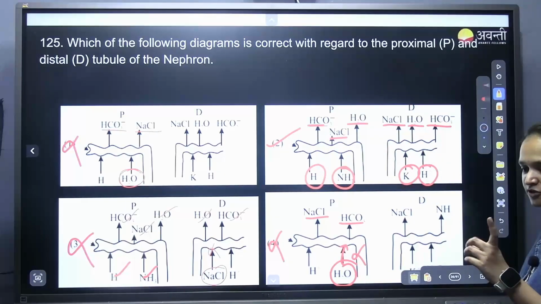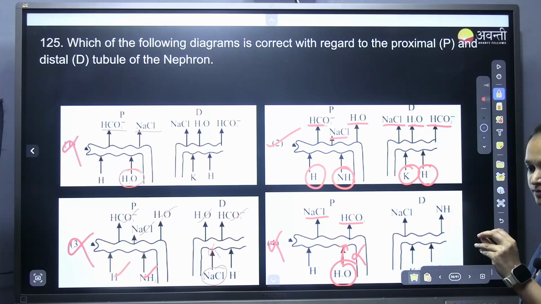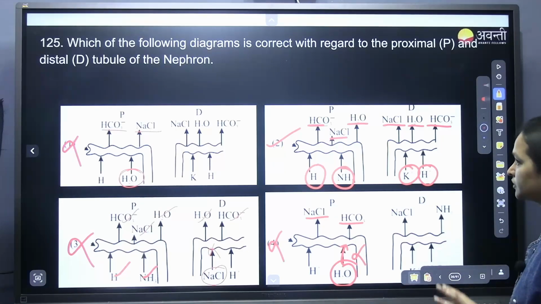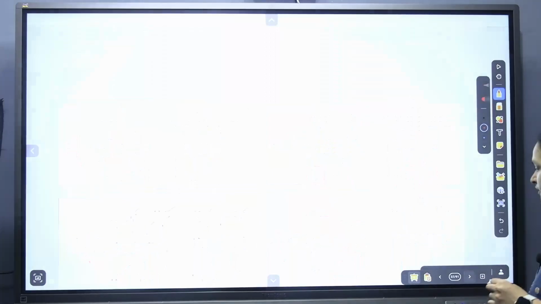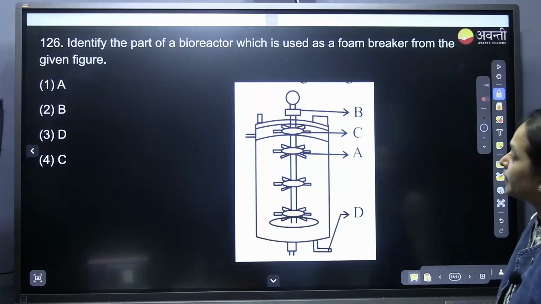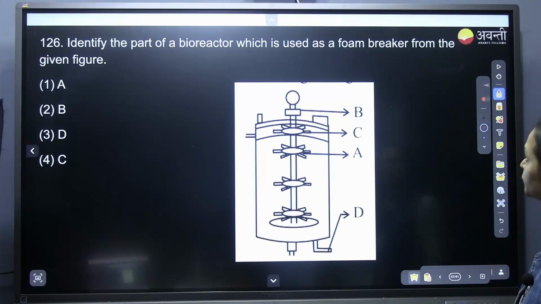Any doubts in this question? Such a wonderful question. It is really a very good question. Yes, a standard level question. So identify the part of the bioreactor which is used as foam breaker from the given. Foam breaker.